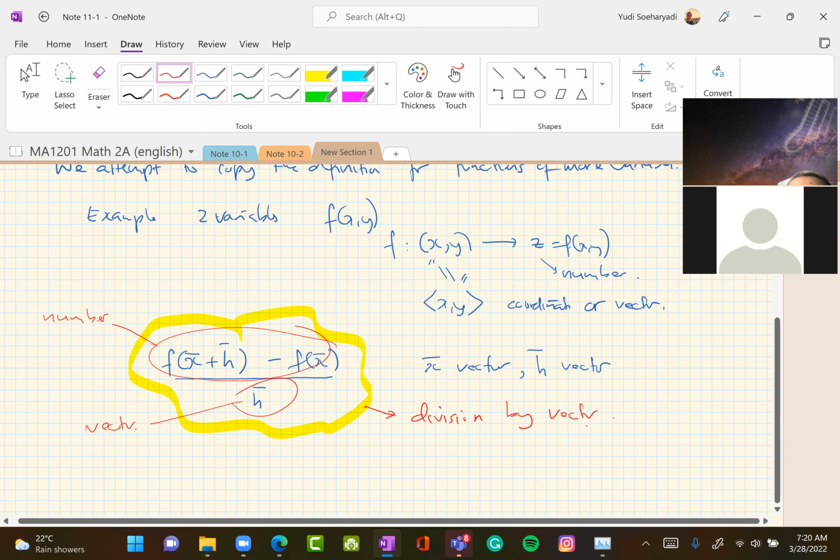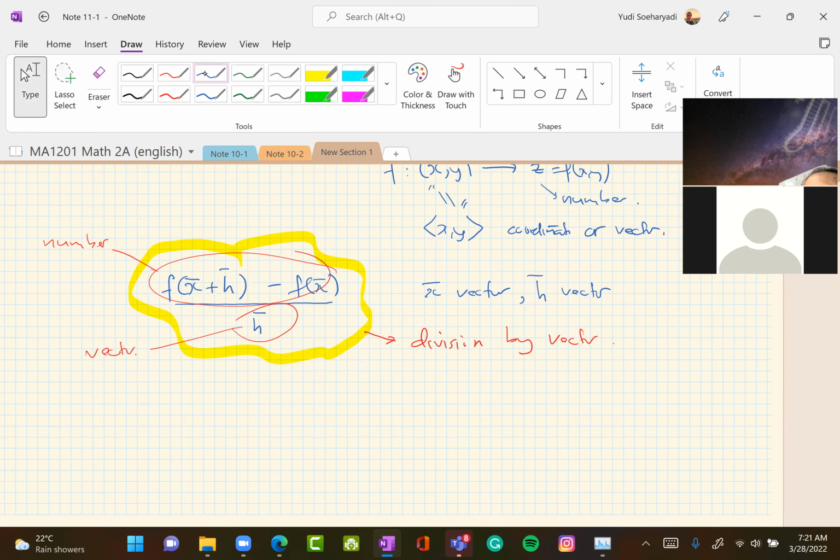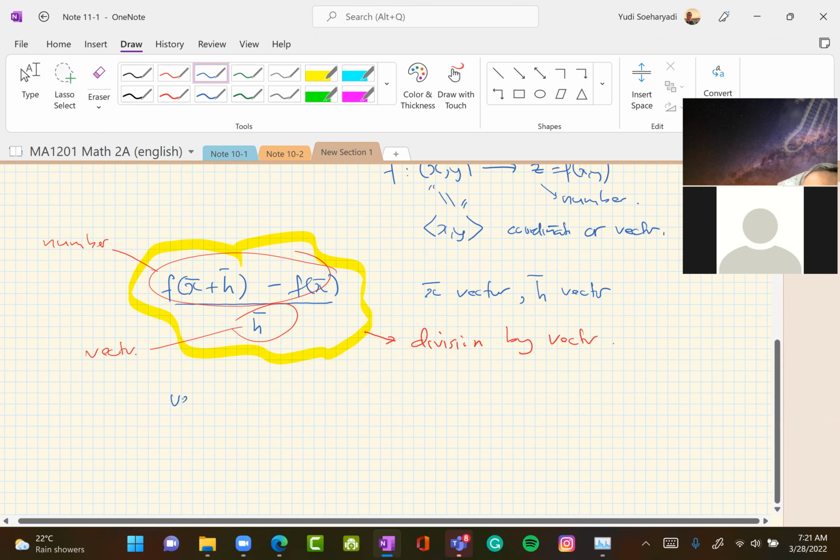So you have division by a vector. Vector division is okay, for example one half of a vector, that is one half x, one half y.